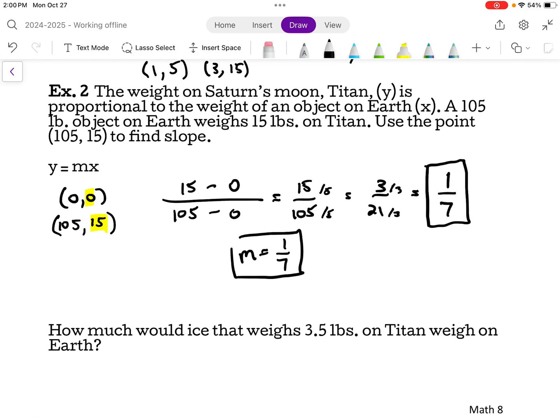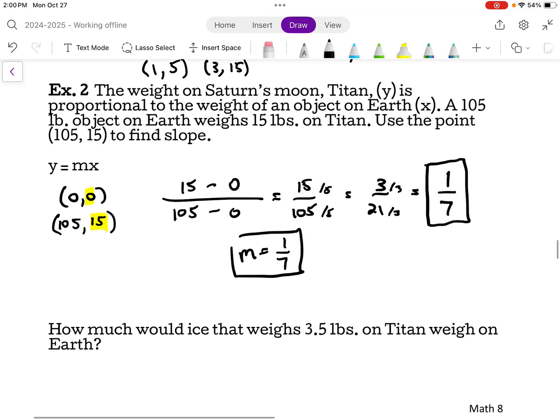The second part about this is how much would ice that weighs 3.5 pounds on Titan weigh on Earth? So if we go back to this previous example, my slope, which is m equals 1/7, I can set the equation up as y equals 1/7 x. I just found the slope, which is 1/7.